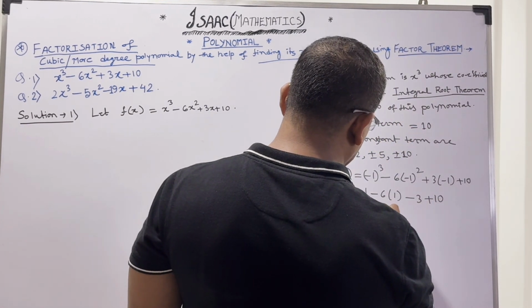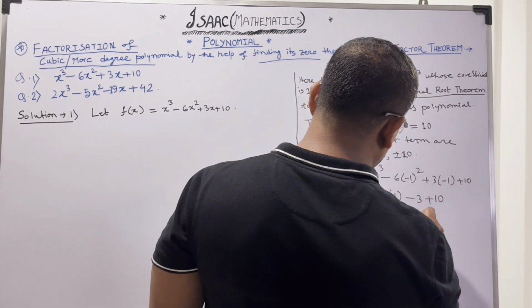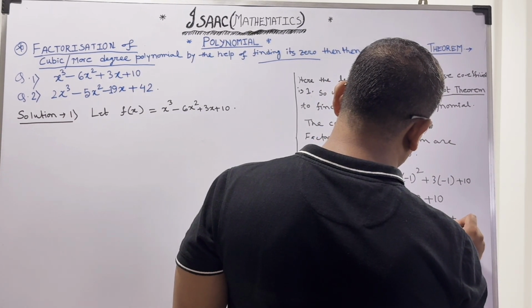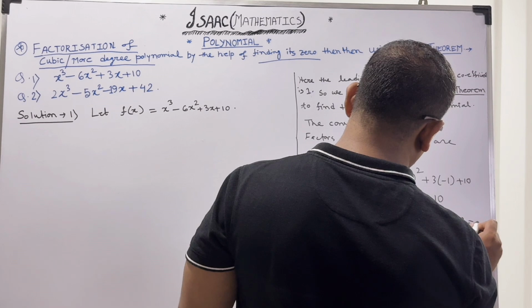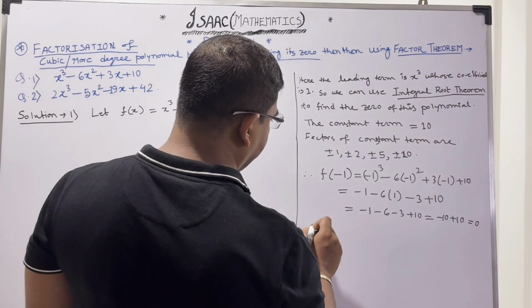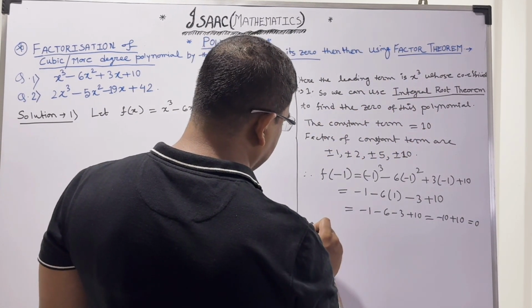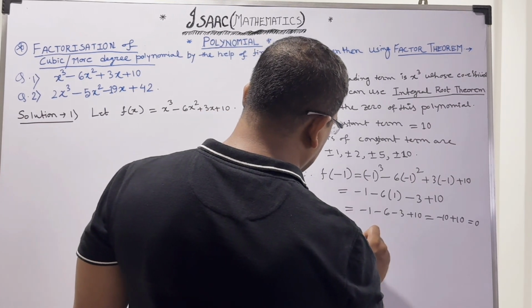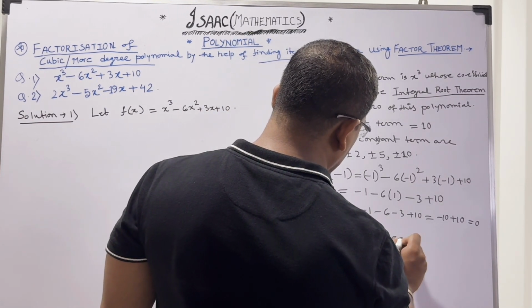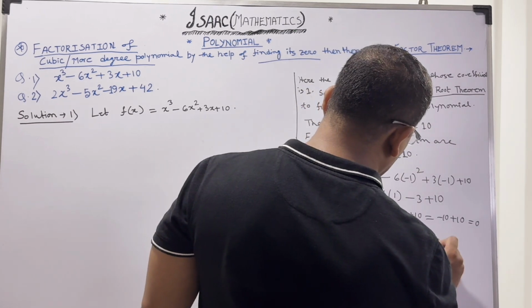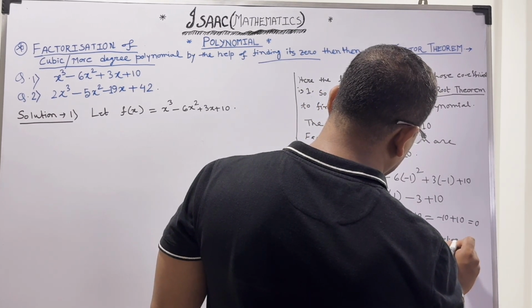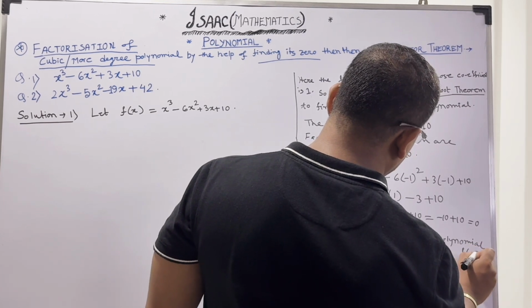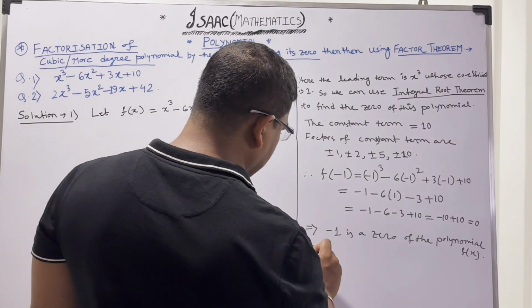This will give minus 1 minus 6 minus 3 plus 10. This will give minus 10 plus 10 equals 0. Therefore, minus 1 is a zero of the polynomial f of x.